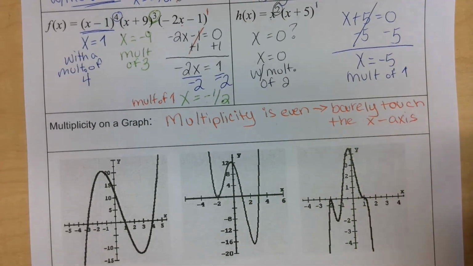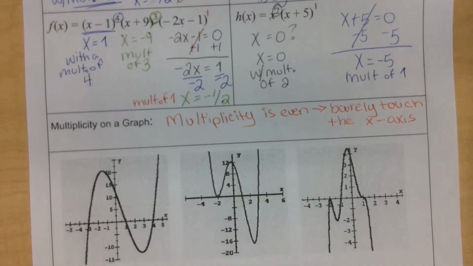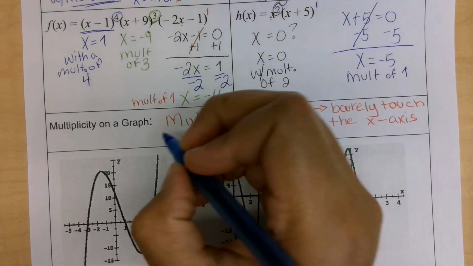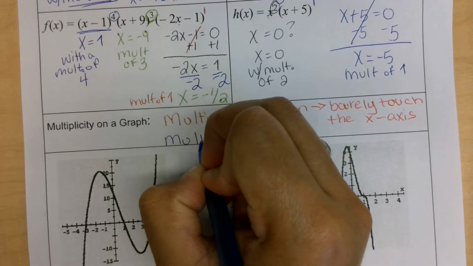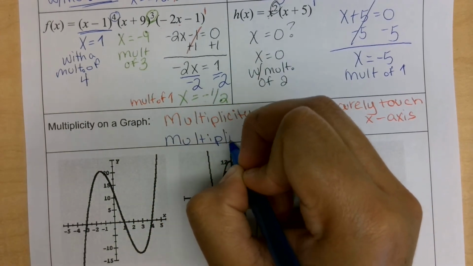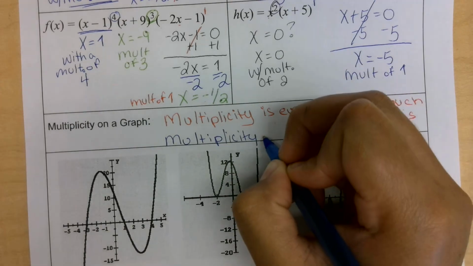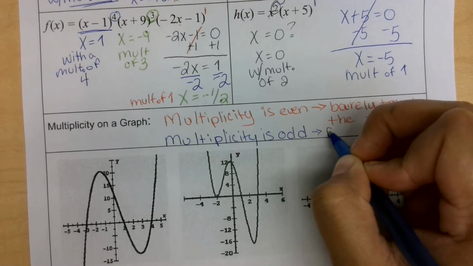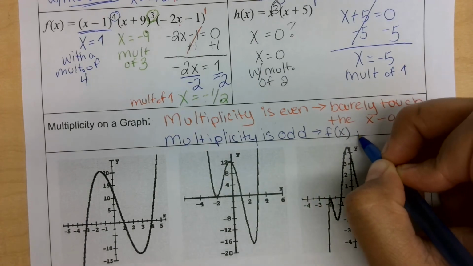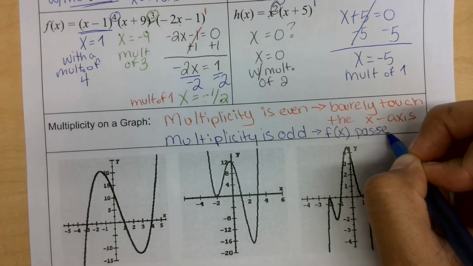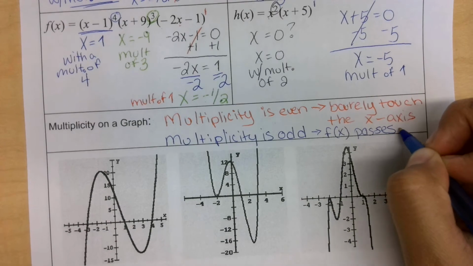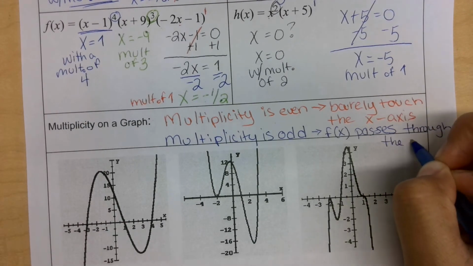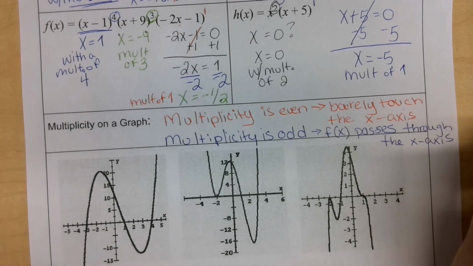And this is as close as we can get with multiplicities on the graph. If the multiplicity is odd, sorry, not even, odd, the function passes through the x-axis, all right?